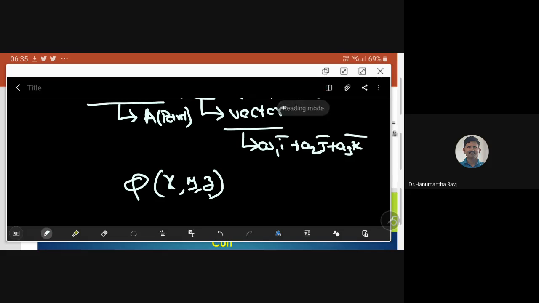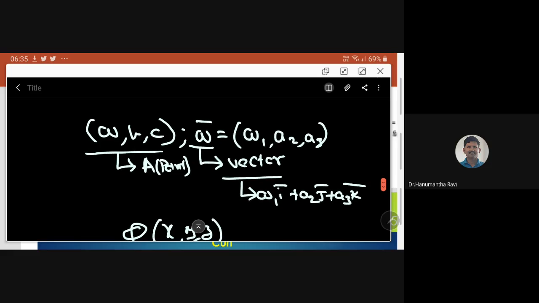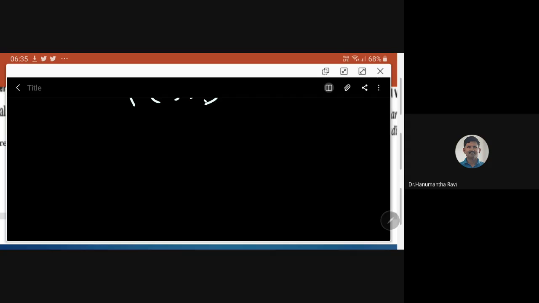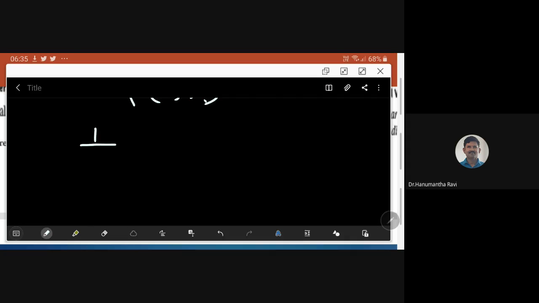Now we are talking about the directional derivative of phi in the direction of a bar, along a bar at the point A. That is given by 1 by mod a bar, the norm of a bar, into a bar dot grad phi. This is called the directional derivative.